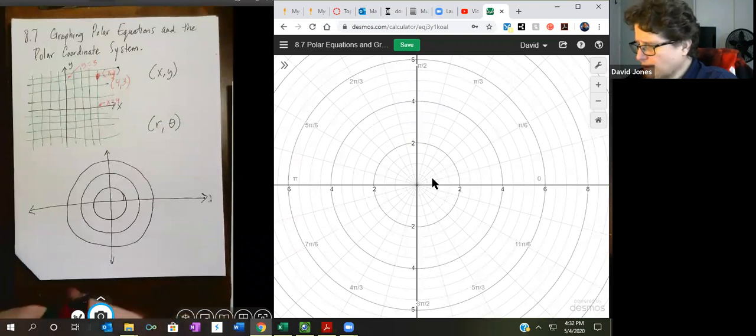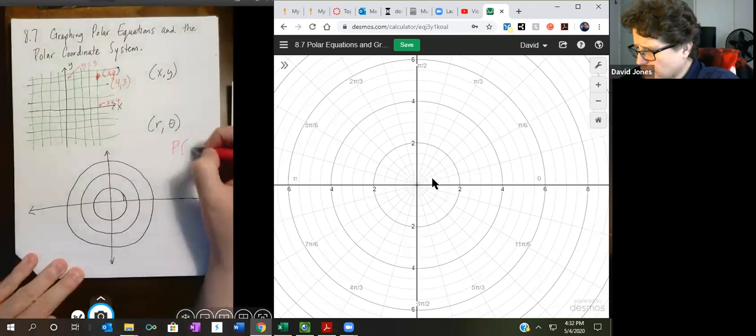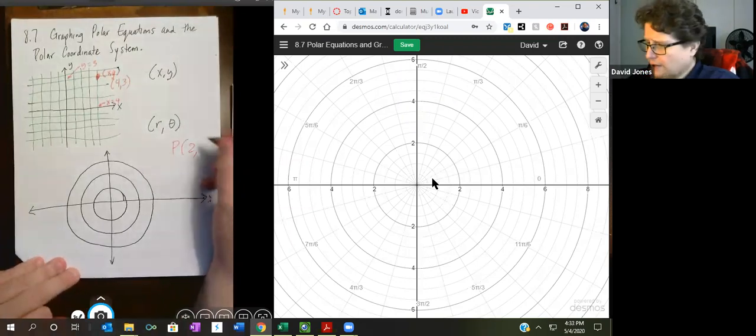Now r, theta, what this tells us to do, so let's look at a point like 2, 60. I'm going to look at the point 2 and 60 degrees, which in radians is what? Pi over 3.